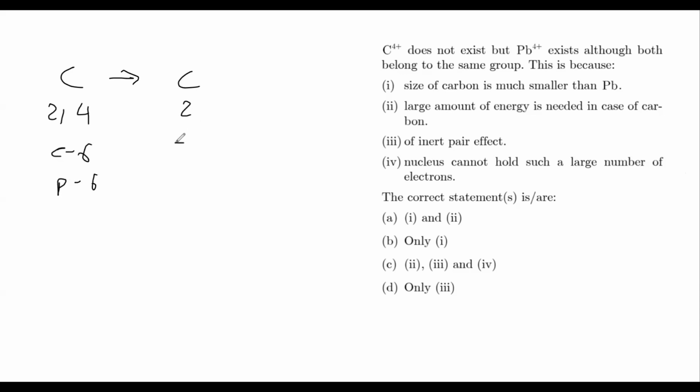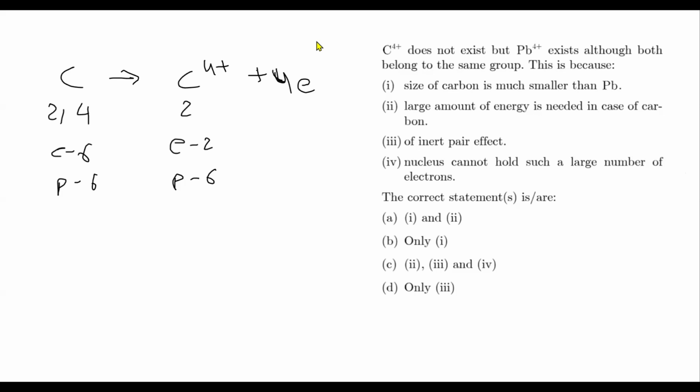After losing electrons, it will have 2 electrons, and the number of protons remains the same. So now it will become C4+, and by losing electrons, 4 electrons are lost. But you should know that a large amount of energy is needed to lose the electrons.